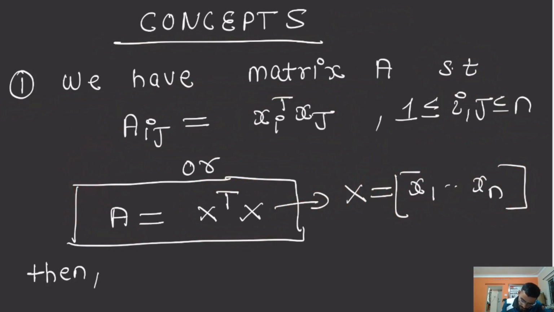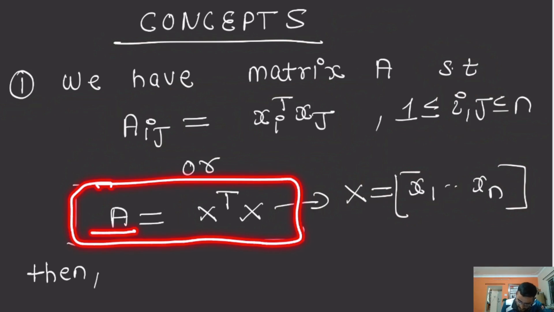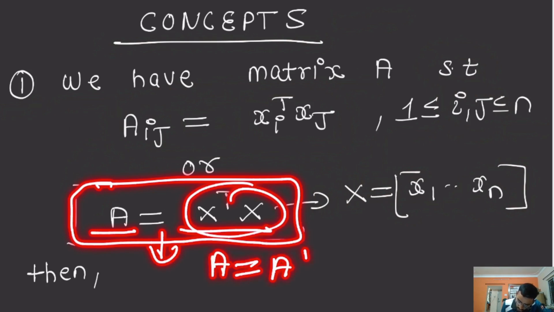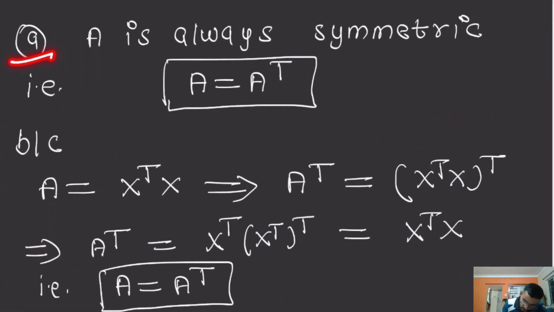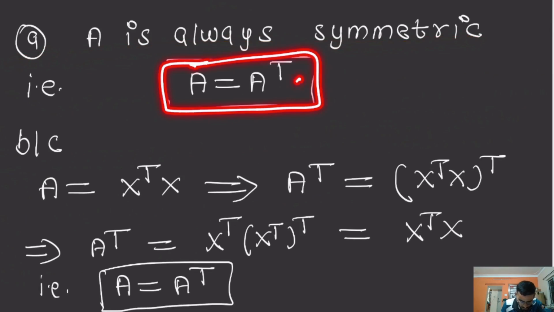But if A can be written in this form, A equal to X transpose X, then A is always a symmetric matrix, that is A is equal to A transpose. Why?